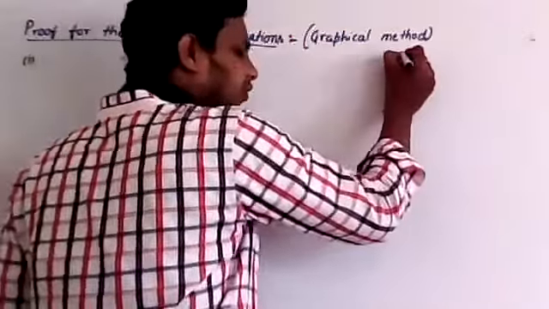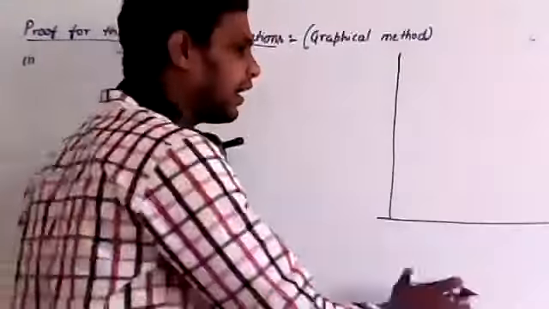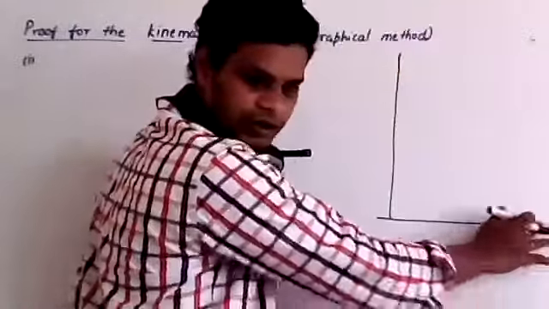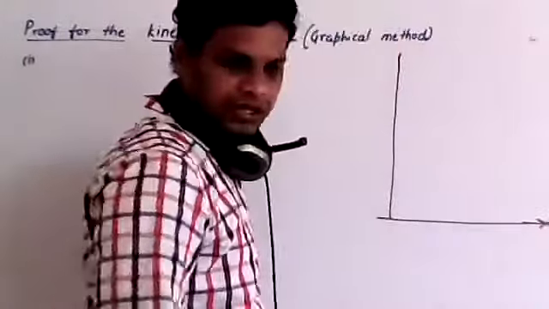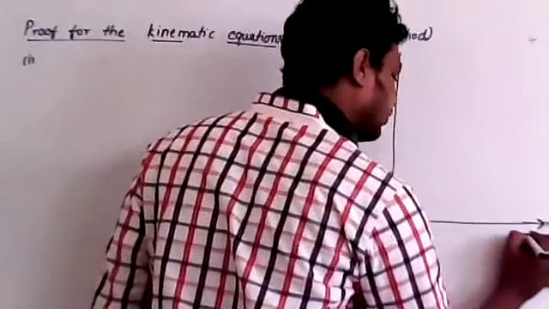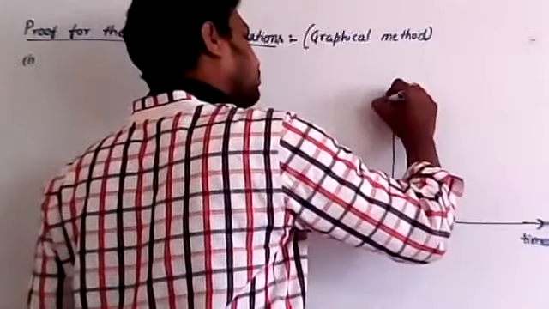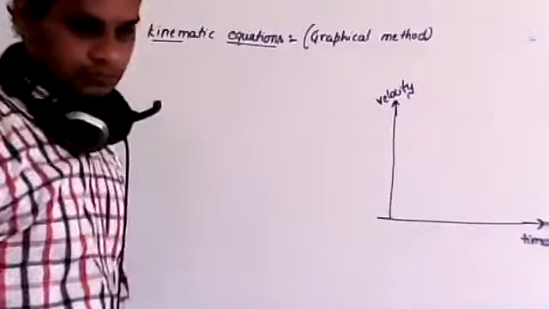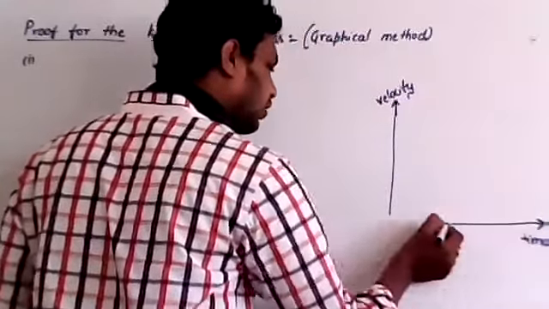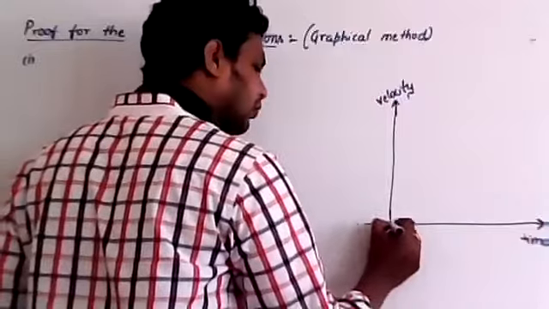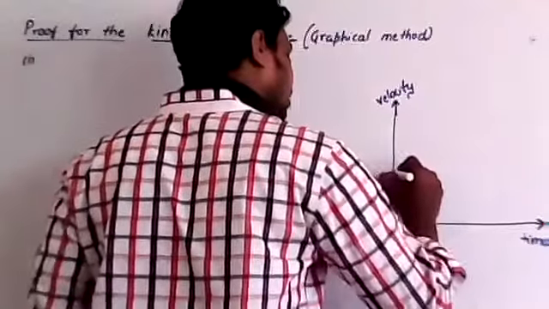For that I will draw one graph, drawn between velocity and time, so that time is taken on the x-axis and velocity is taken on the y-axis. Now let us consider the graph like this.